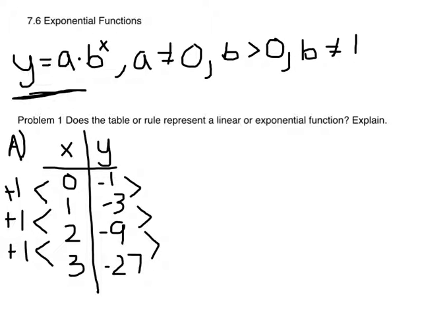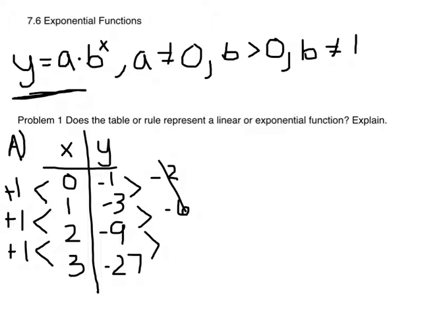But you might notice over here on the y's, I can't add the same number to each of these like I did with the x's. So we're not going to get an even ratio. For example, I would have a negative 2 here, but then I'd have a negative 6 here, and so on. And negative 2 over 1 does not equal negative 6 over 1. So it is not linear.